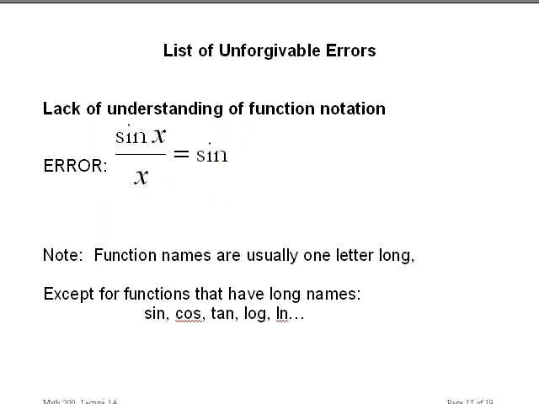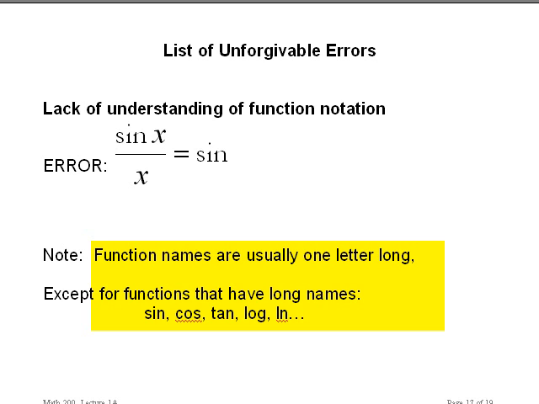This error represents a lack of understanding of what sine is. Here's the rule. Function names are usually one letter long, like f or g or h, except for functions that have long names. And the functions that have long names are sine, cosine, tangent, cotangent, secant, log, hyperbolic tangent. They're functions.